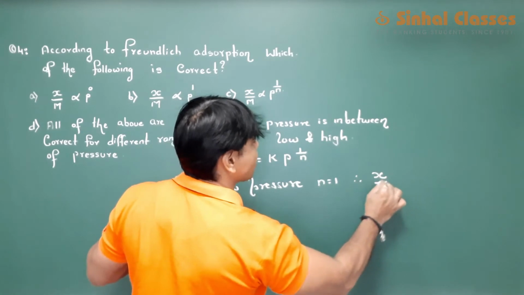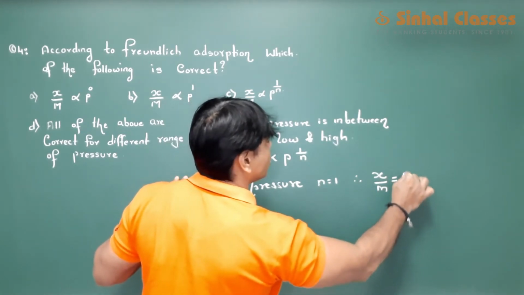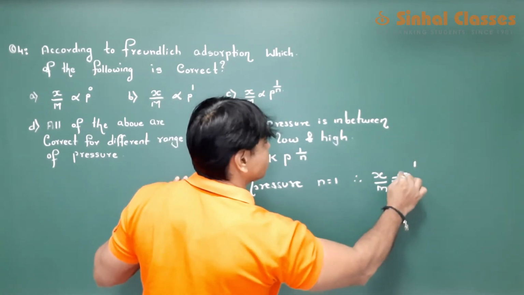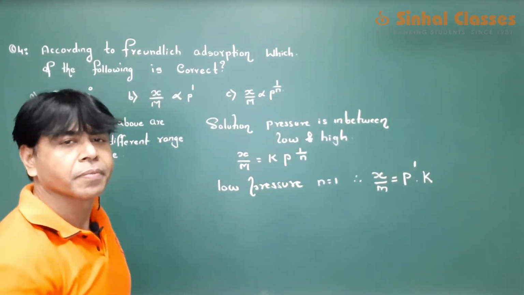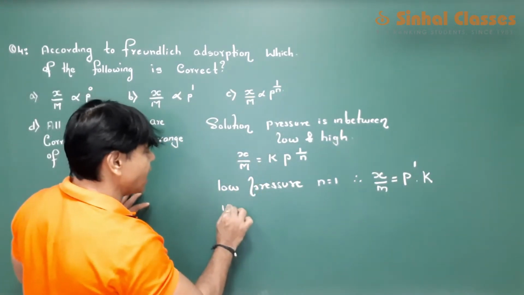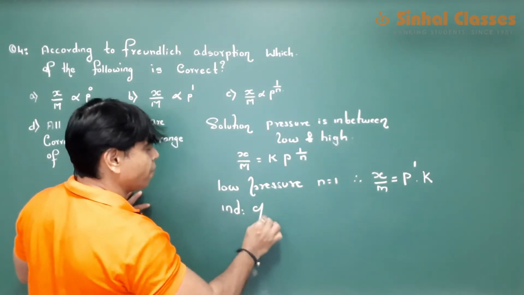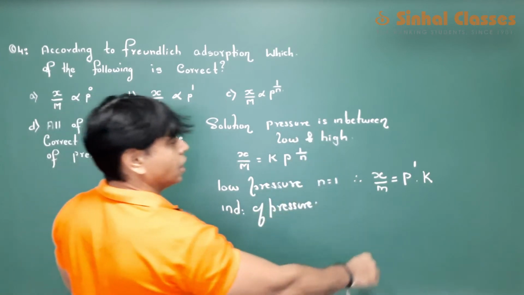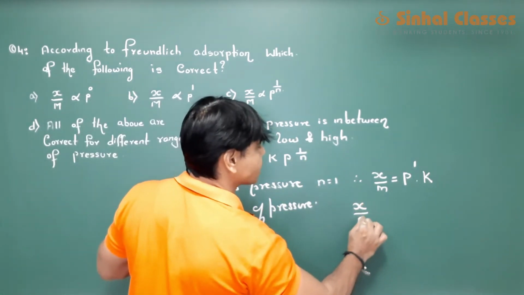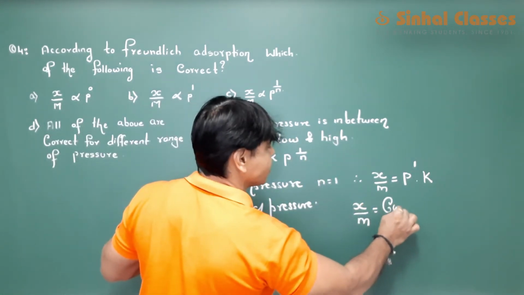Therefore, x upon m will be equal to k p raised to 1. But if it is independent of pressure, then in that case x upon m is constant.